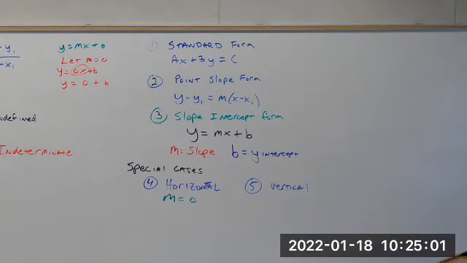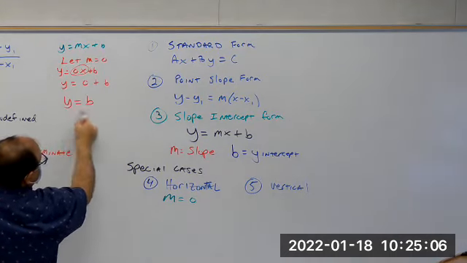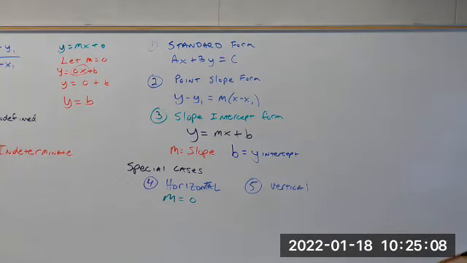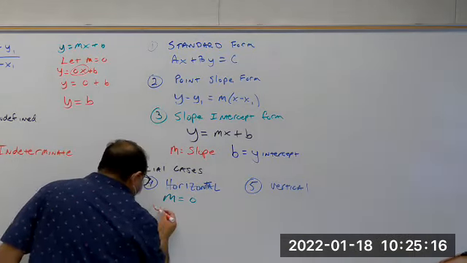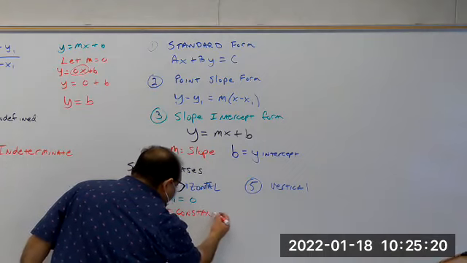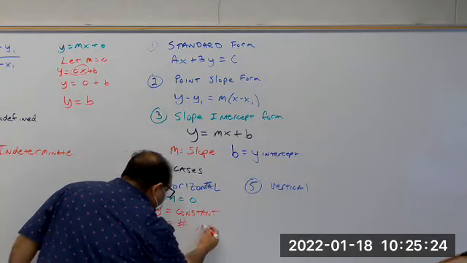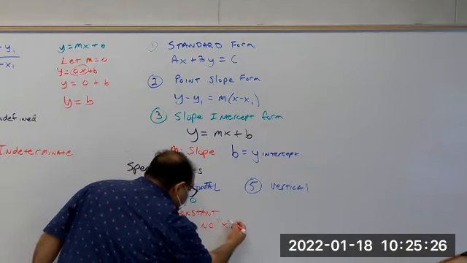All you have left is y equals this number, b. So if it's a horizontal line, it's y by itself. There's no x. y equals a constant. y equals just a number. There is no x in the equation.